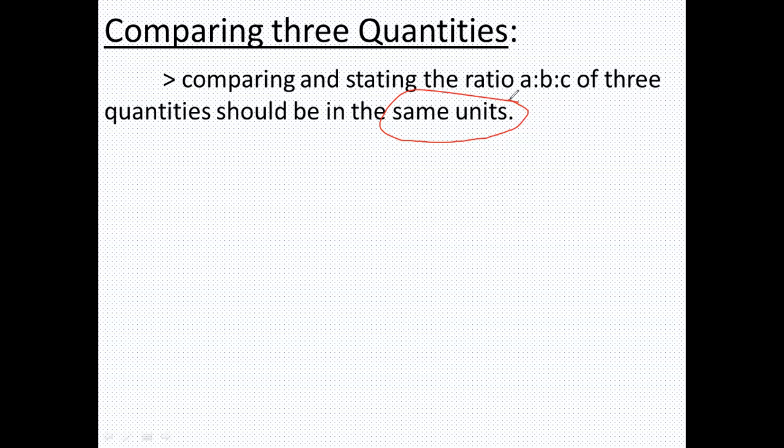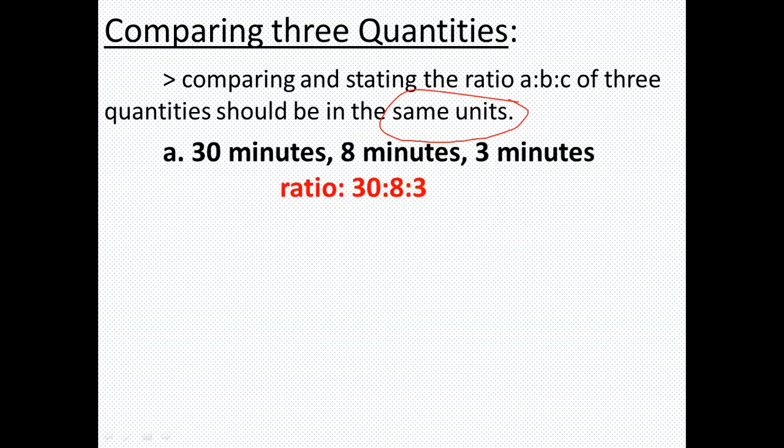Okay. So that means that in ratio of 3 quantities, it is important that we have that knowledge on conversion because we said that it should be in the same unit. So when we compare 3 quantities, we should express them all in the same units.